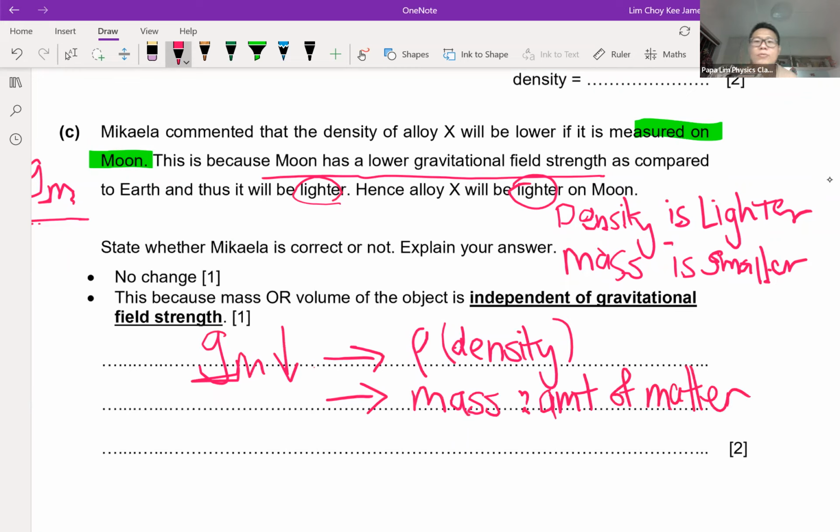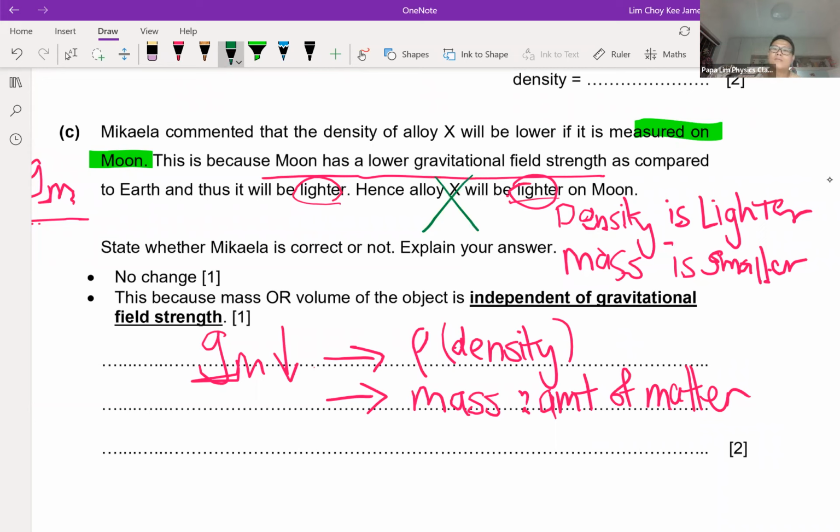So regardless of the field, whether it's on the moon or on Earth, the density, which is independent of the mass, remains the same. The mass itself, the amount of matter, also remains the same regardless of location. So because of the independence of these two factors, my statement that it is lighter is not valid.